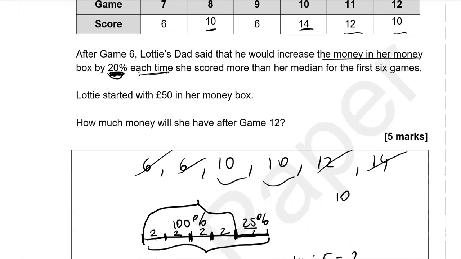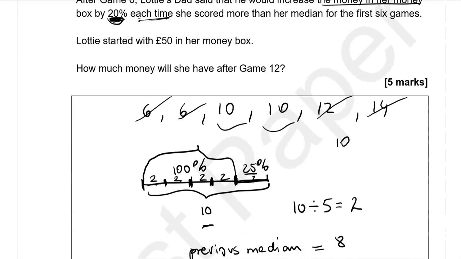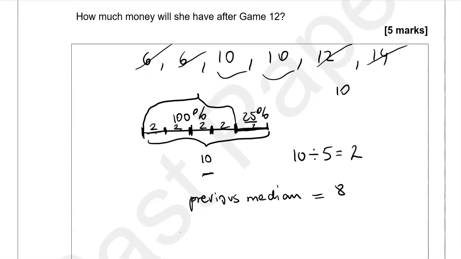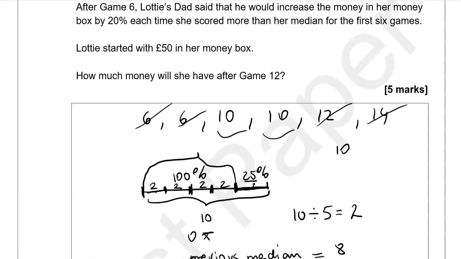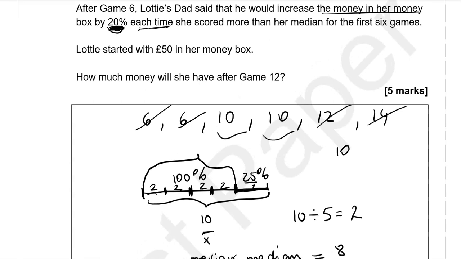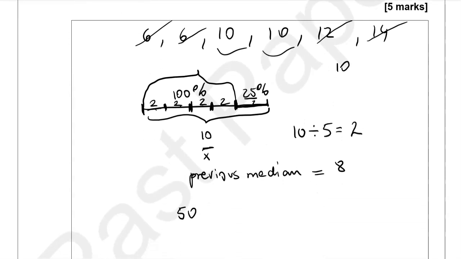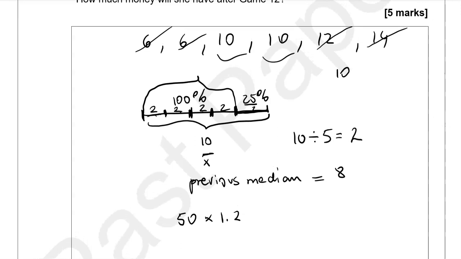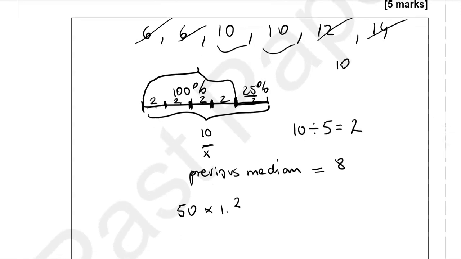So we'll write the formula. So we're starting with £50 times 1.2 because it's 20%, to the power of 4 because we've got 4 occasions when this happens.